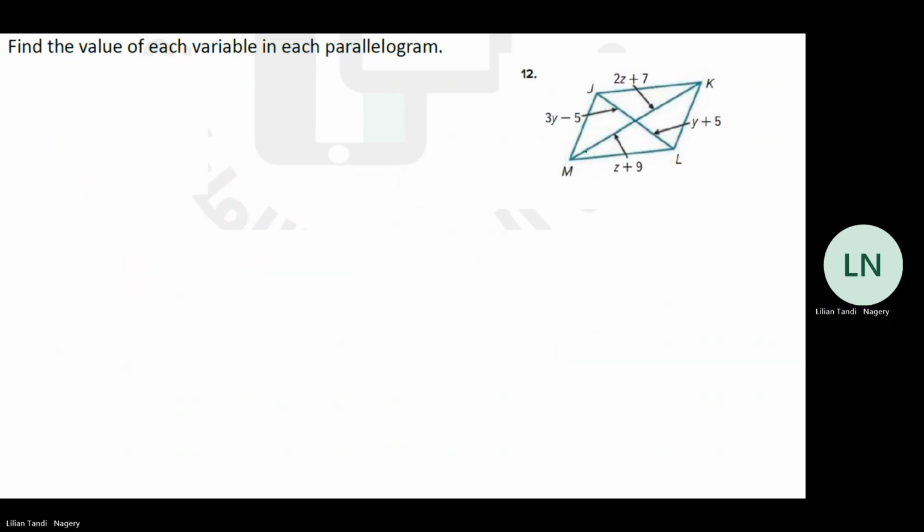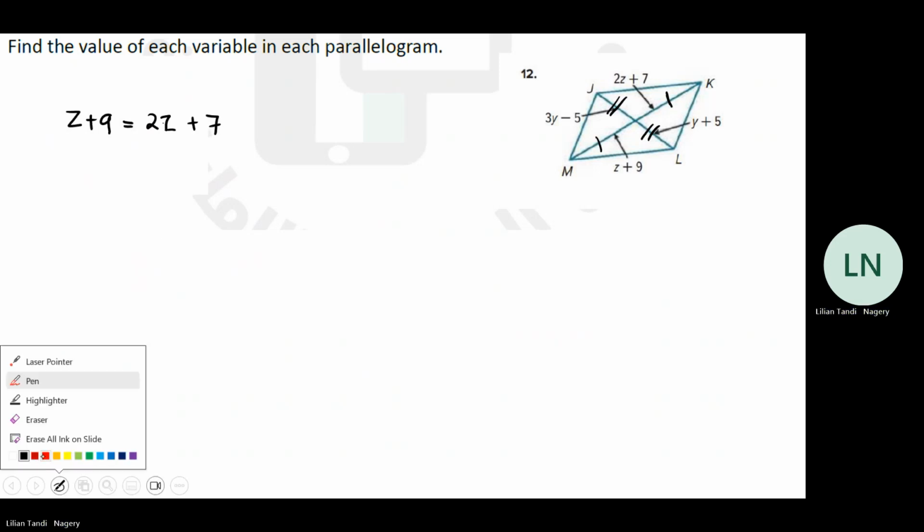Okay, I know this line is the same as that line, and I know this line is the same as this line. Okay? So z plus 9 should equal 2z plus 7.